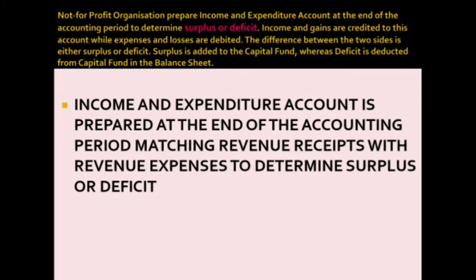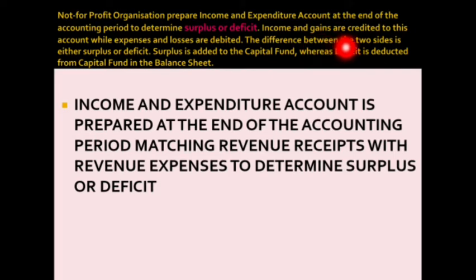Not-for-profit organization prepare income and expenditure account at the end of the accounting period to determine surplus or deficit. Income are credited to this account while expenses and losses are debited.